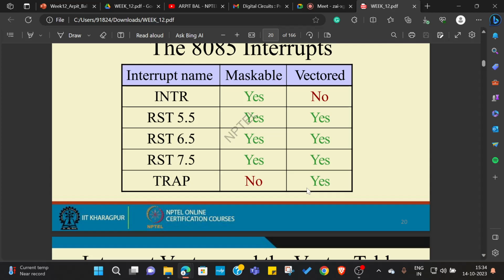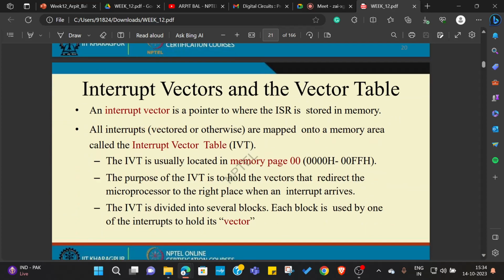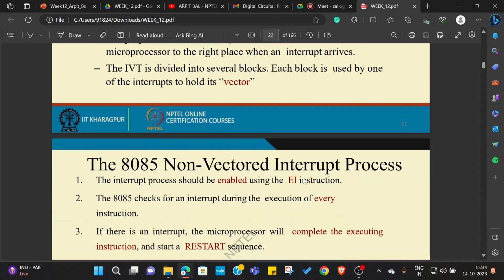Okay, so INTR is maskable, but it is not vectored. RST 5.5 is both maskable as well as vectored. RST 6.5 is both maskable and vectored. RST 7.5 is also maskable and vectored, but TRAP is not maskable and it is vectored. Okay, so this table you need to keep in mind.